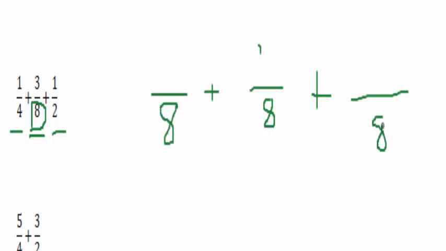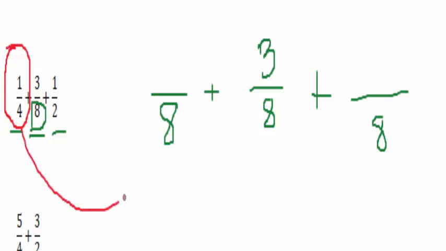Second fraction, the 3 over 8 already has 8, so I don't have to do anything to it. So I'm just going to put my 3 up there. The first fraction, I made the 4 into 8. I did that by multiplying by 2.